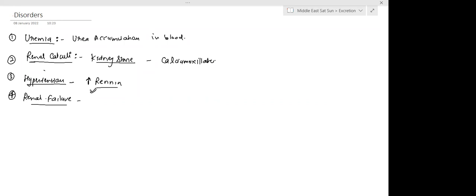In acute renal failure, both of the kidneys stop working.